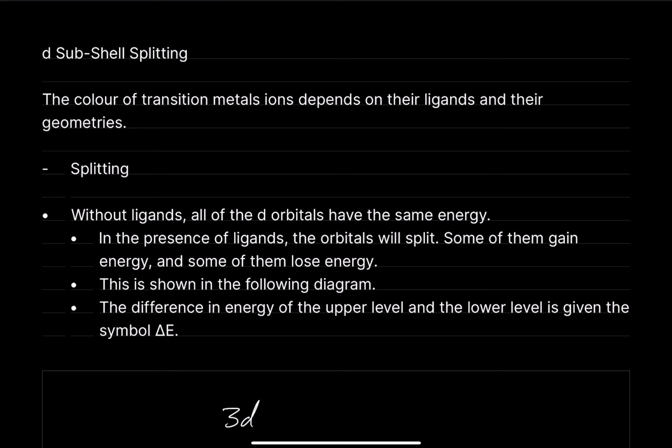I'll be talking about d-subshell splitting, light absorption, and a couple of calculations that you need to understand. I'll also be talking about a couple of colors of ions that you must know for your exam. I'm going to leave a link to Allery Chemistry because he has pretty much nearly all of them.